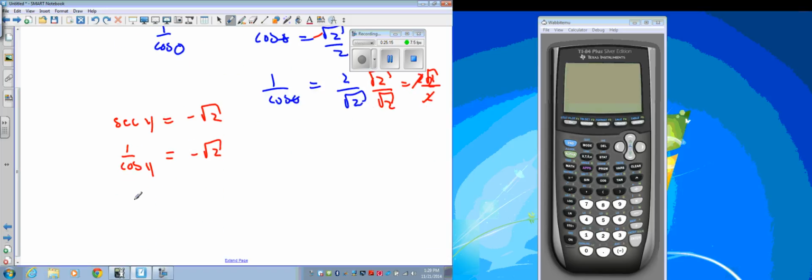Then you invert this, cosine y equals negative 1 over square root of 2. And then you have to rationalize it, that is, get rid of this thing in the denominator. Minus the square root of 2 over 2.